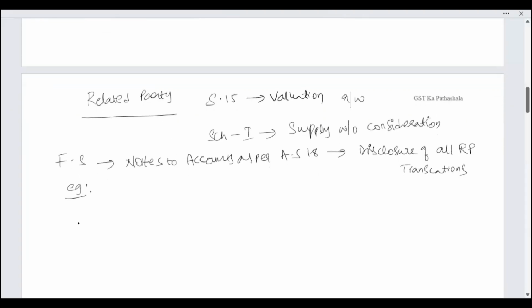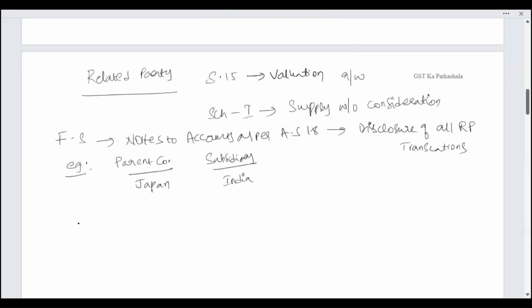Assuming that there is a parent company in Japan and a subsidiary in India. There is an employee of the parent company who visits India for business purposes.